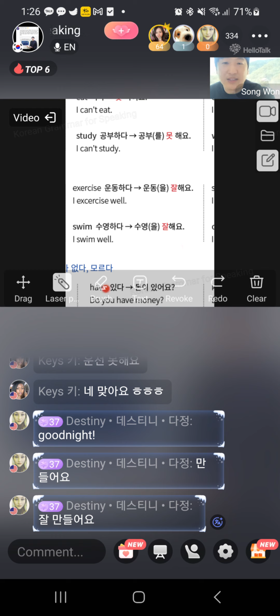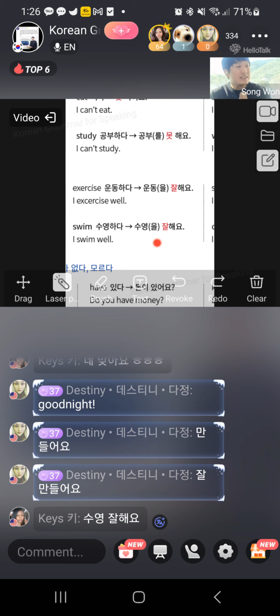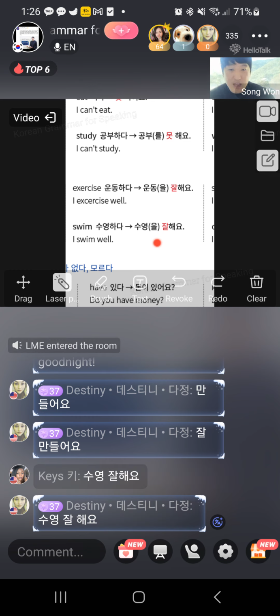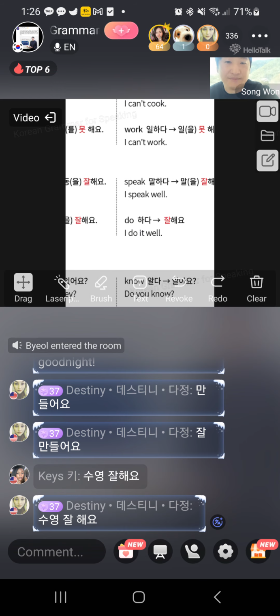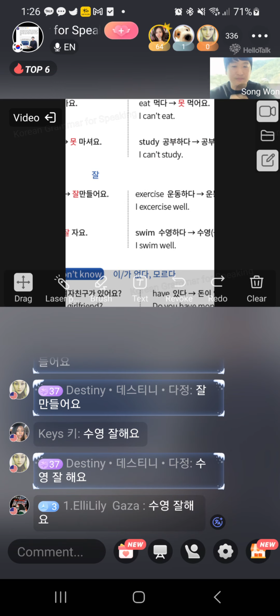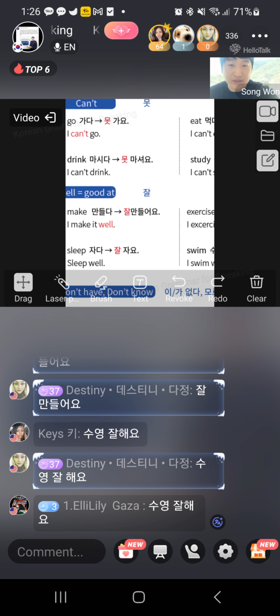I know this doesn't make sense in English, but I just had to put this so that you guys can understand. This is not the book for learning English, right? So, alright. 수영하다. 수영 잘하다. Perfect Kiss. 수영 잘해요. I am good at swimming.